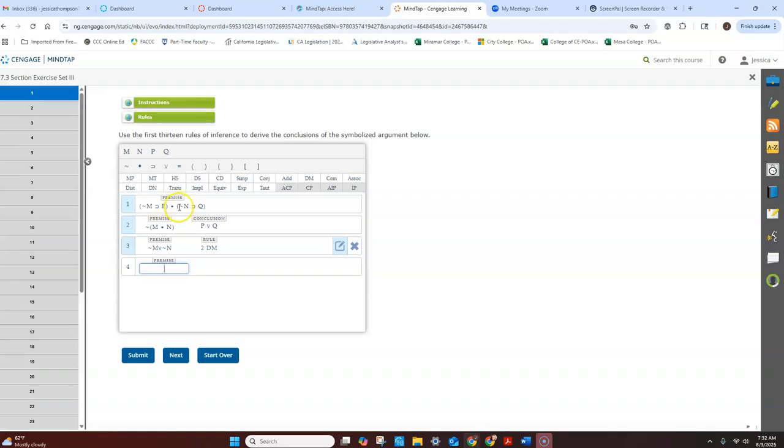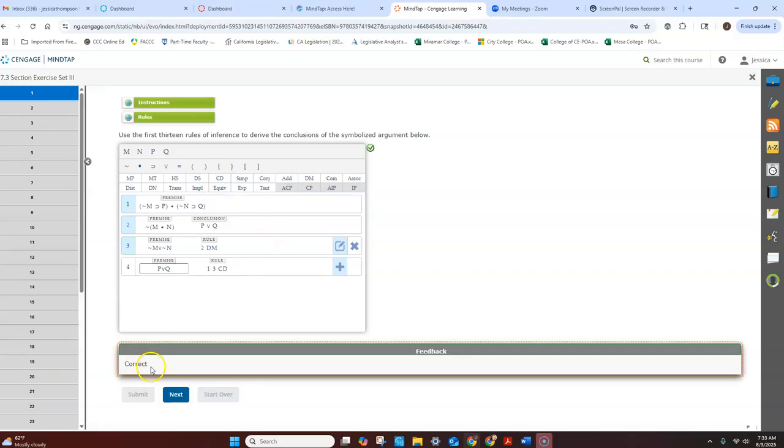This premise up here is saying, if you don't have M, then you've got P. And also, if you don't have N, then you've got Q. And then the third premise says, well, it's either not M or not N. Therefore, P or Q. And that's a 1 and 3 constructive dilemma. And then I'm going to submit. Bam.